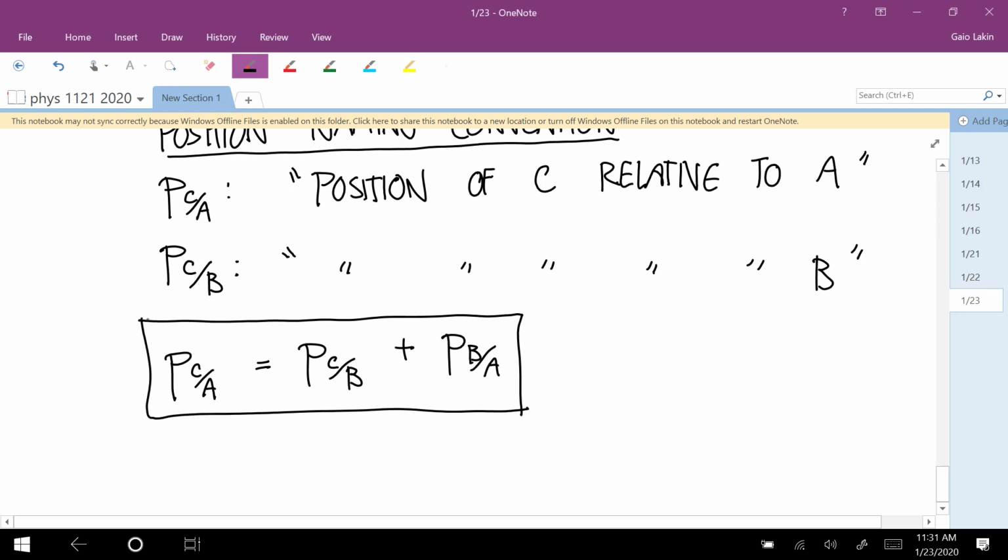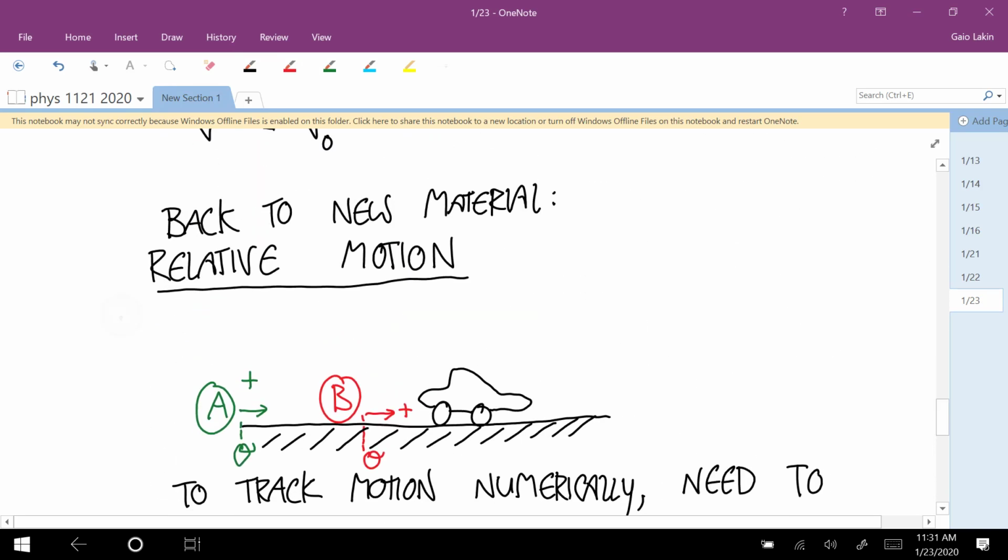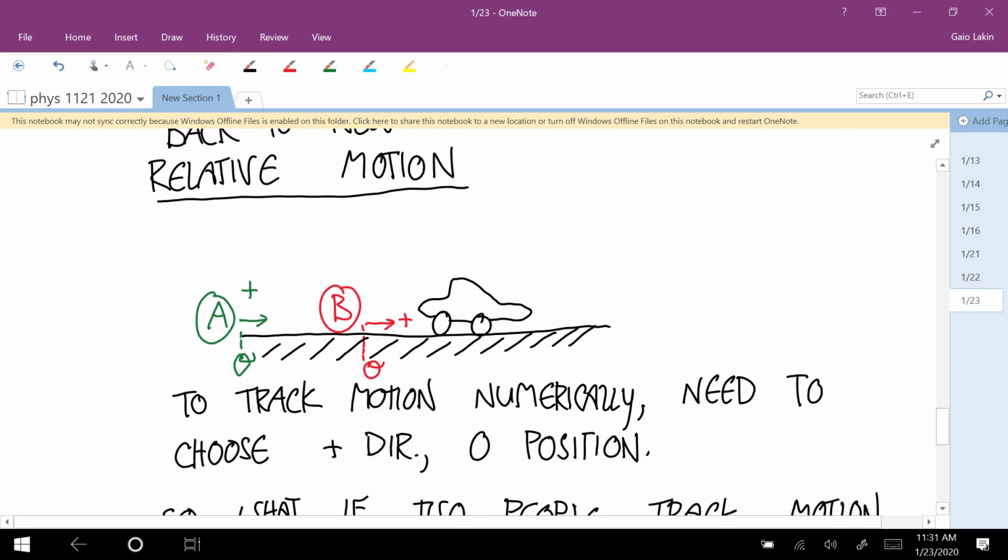So this is our first relative motion equation. And if you look at these answers, like what I drew here, say these are 10 meters apart, say it's 5 meters from B to the car. So this is 10 meters, this is another 5 meters, right? So it's saying that the position of the car here, observed by A, well, what is it?